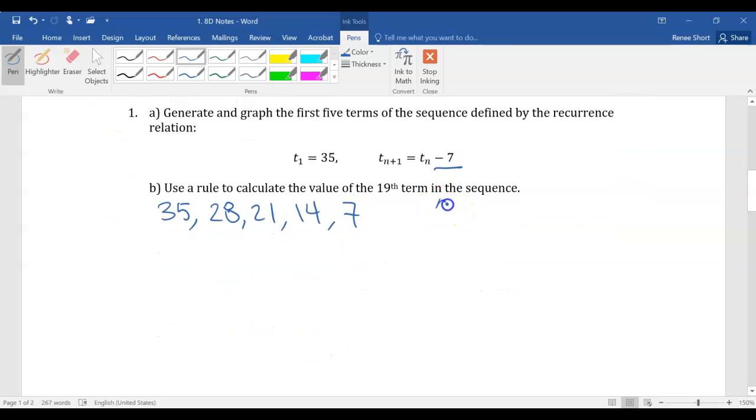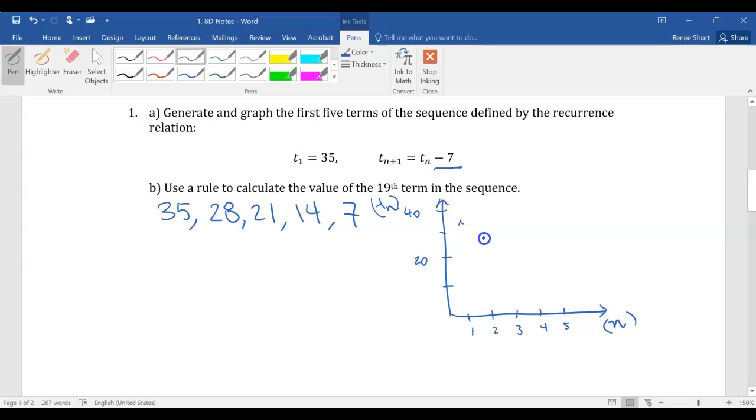So if we set up some axes here for us, let's call this 40, 20, so 30 and 10, and we've got 1, 2, 3, 4, 5. This axis is n and this up here is Tn. Our first term is 35, so that's going to be up here.